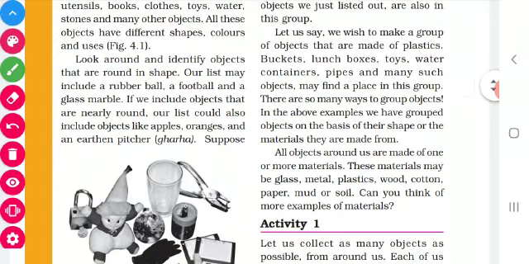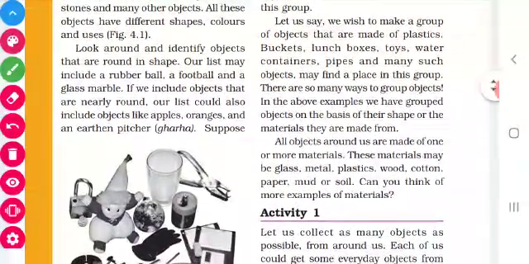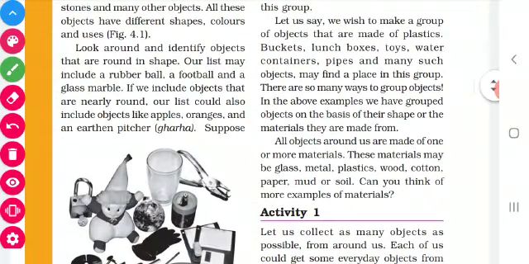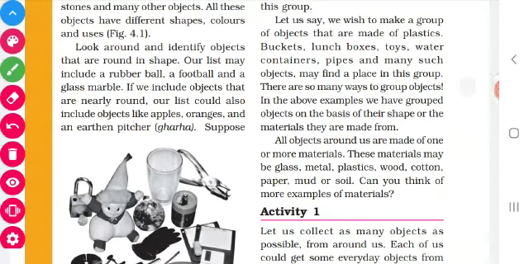Then you can say apples, so that is also round in shape. And you can say oranges and earthen pitcher. Earthen pitcher, in Tamil we used to say as pane, isn't it? Yes. We see a variety of objects around us.